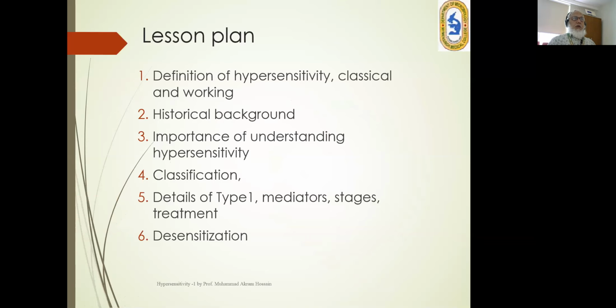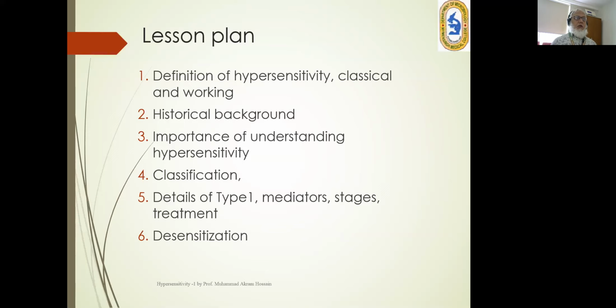আমাদের আজকের hypersensitivity lesson planটা হলো what is the definition of hypersensitivity. There are two types of definition, classical and working definition, a little bit about historical background, importance of understanding hypersensitivity.